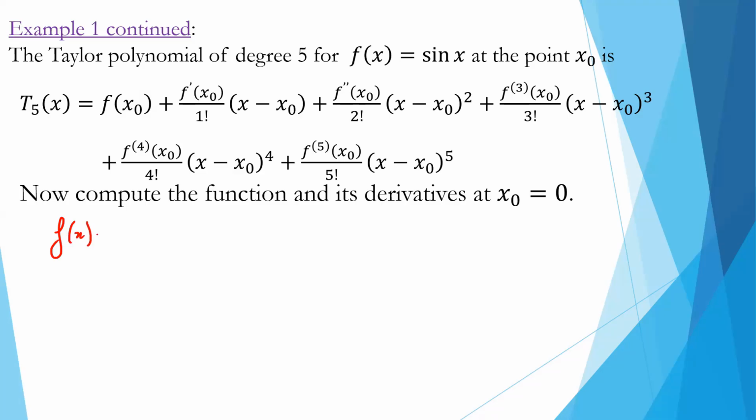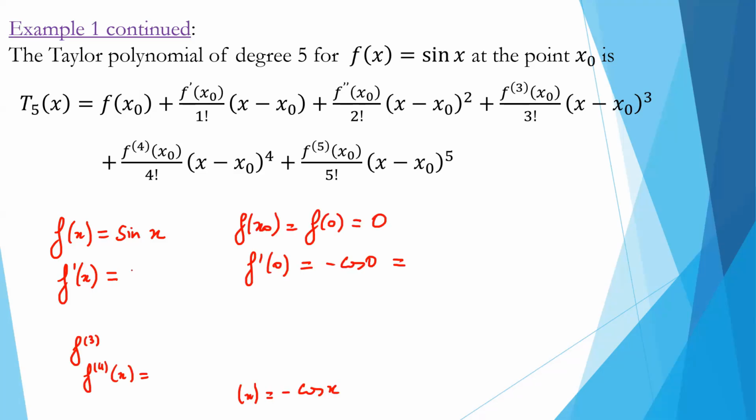So f of x is sine x. What is the first derivative? What is the derivative of sine x? Not 0. Cosine. Now, what is the derivative of cosine? Minus sine. What is the third derivative?